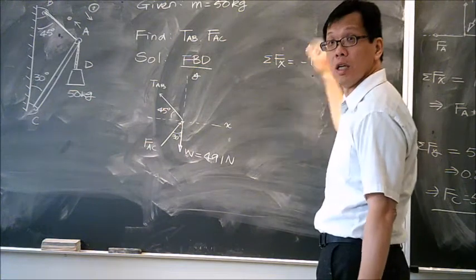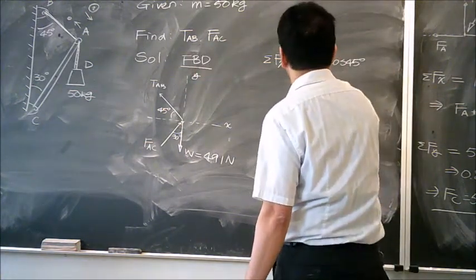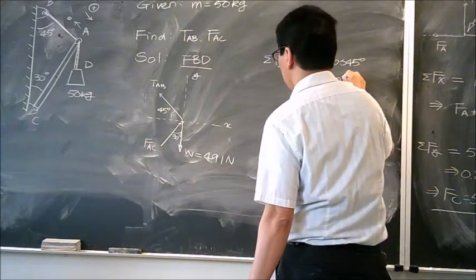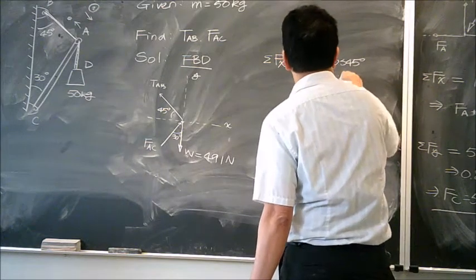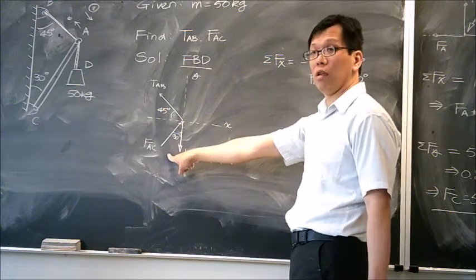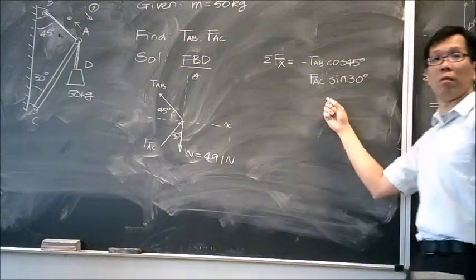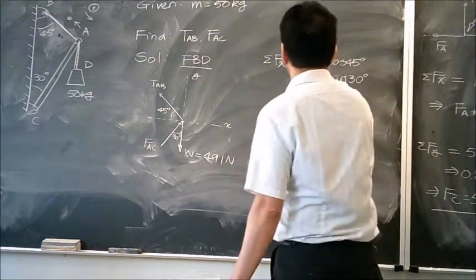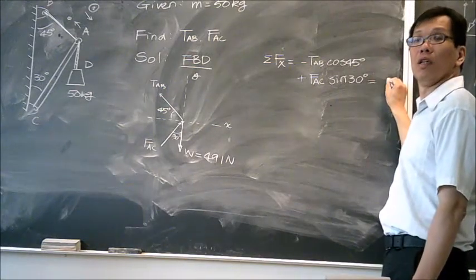Why? Left hand side. Then FAC, cosine, sine 30 degrees from FAC. Is this positive or negative? Positive, because it's going to the right hand side. Equals to what? 0.